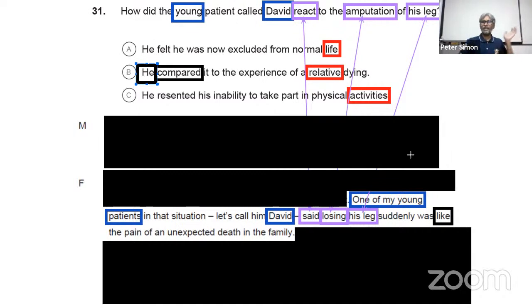He compared that it was like, amputation of his leg was like, losing his leg was like. It refers to what? It refers to the amputation of his leg. Many questions you will get.